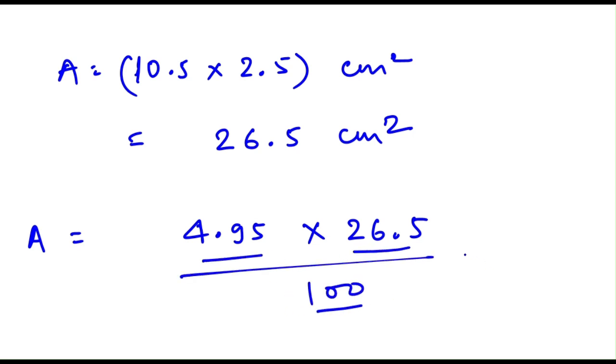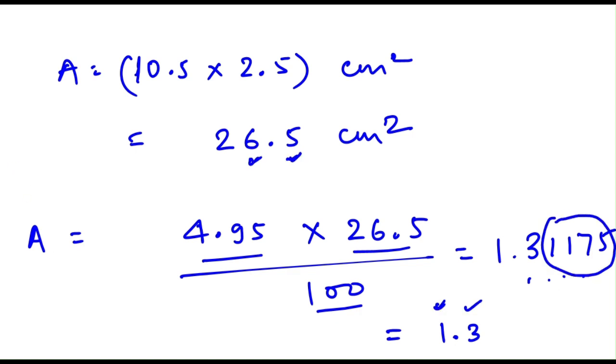If you calculate this, you may find it should be something like 1.3117 and maybe further. We are not interested in all those decimal places, but this will be 1.3.